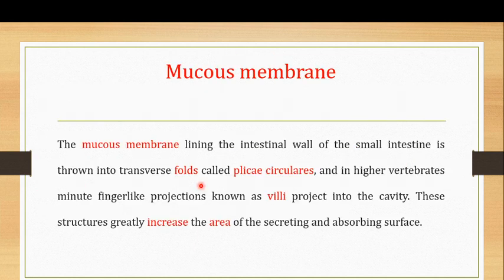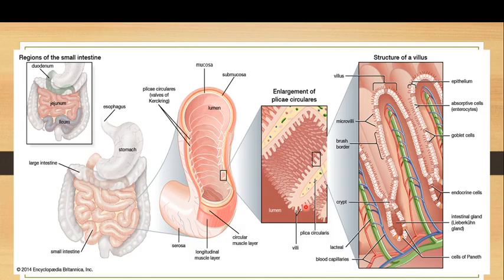Now in higher vertebrates, minute finger-like projections, which are known as the villi, also project into the cavity. If you can see over here, this is the mucous membrane that is thrown into the plicae circularis. If you enlarge this, you can see these further projections from the plicae circularis, and they are known as the villi.